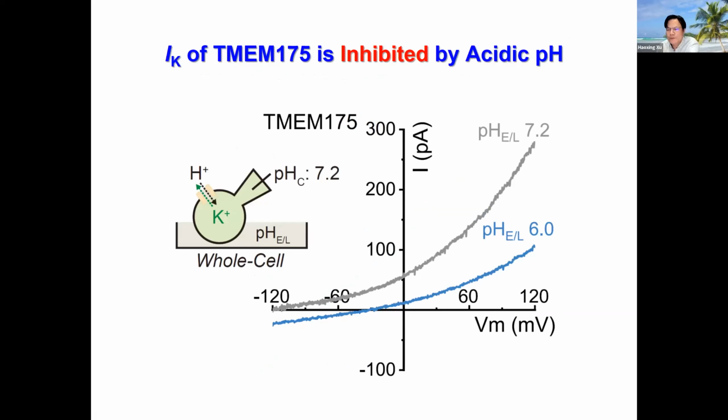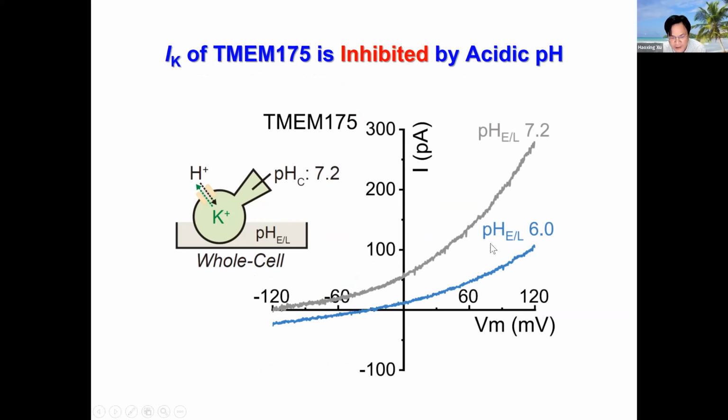So what's going on? When we pick the cells with large basal current in some overexpressing T175 cells, we can see protons indeed can inhibit the potassium current.